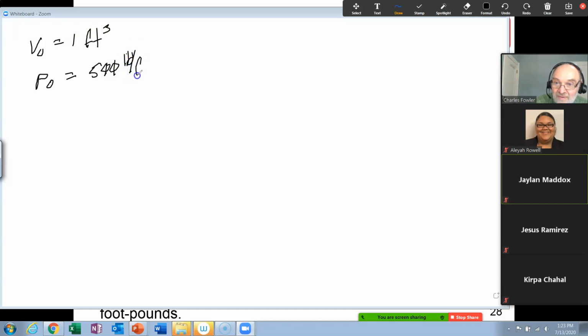Pounds per square foot. Okay. The gas expands to a volume of 2 cubic feet. So your V1, is what they're calling it, is 2 cubic feet. Okay. Find the work done by the gas.